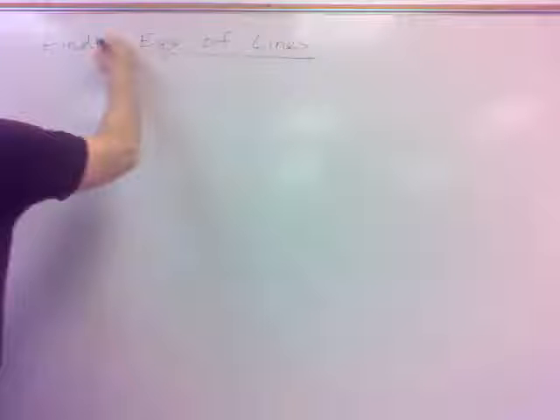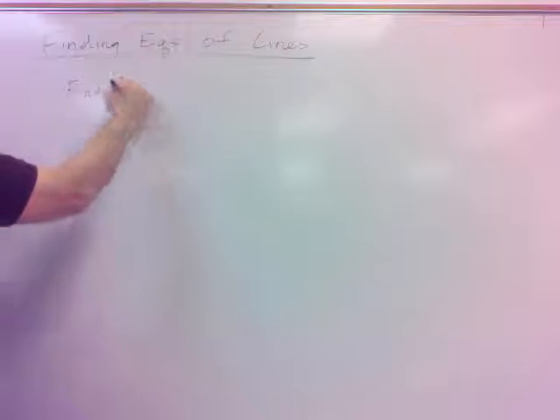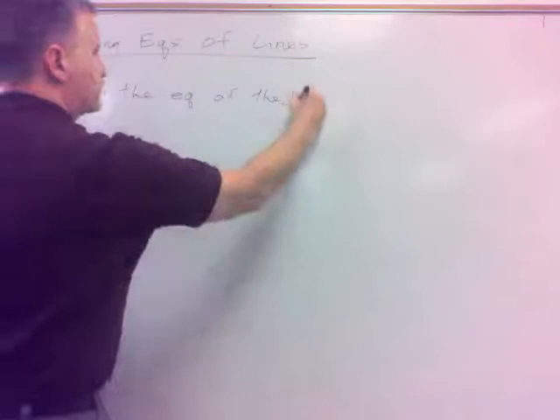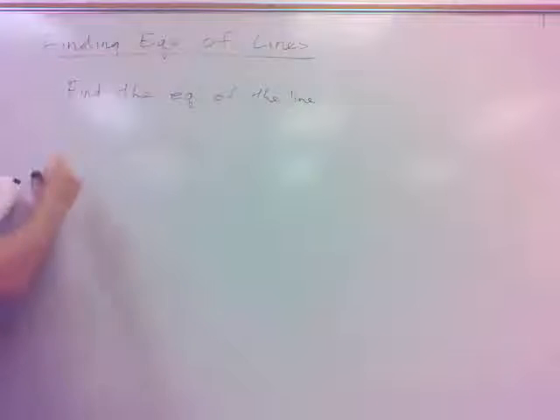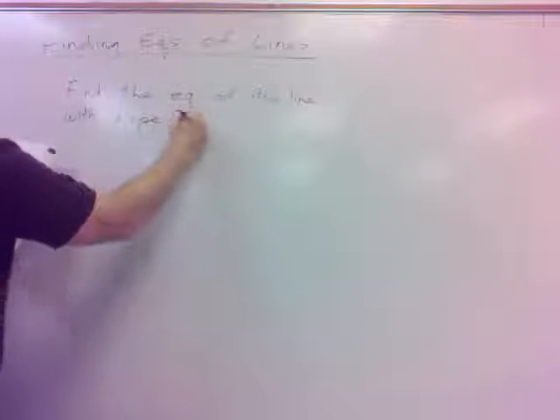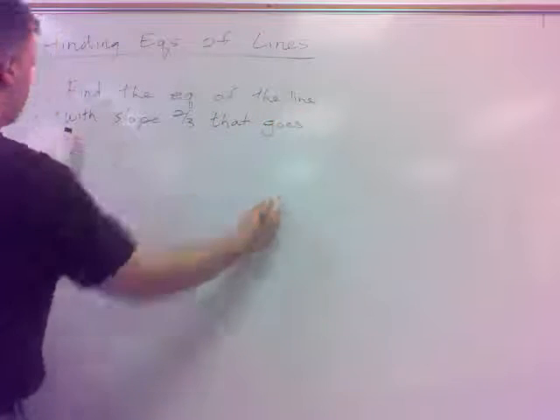So this is finding equations of lines. Let's say we were to find the equation of the line with slope 2/3 that goes through the point (4, 7).